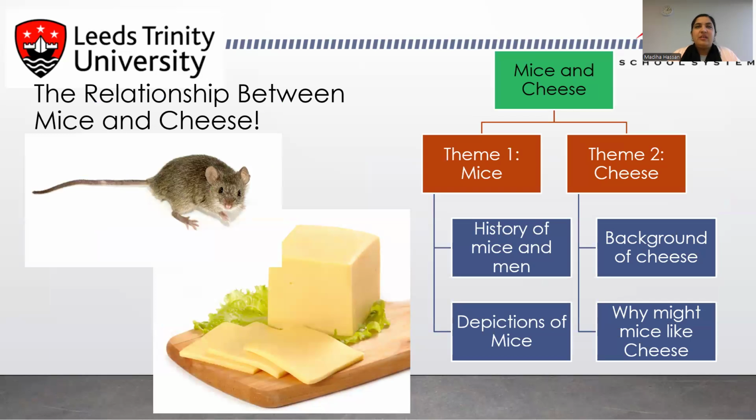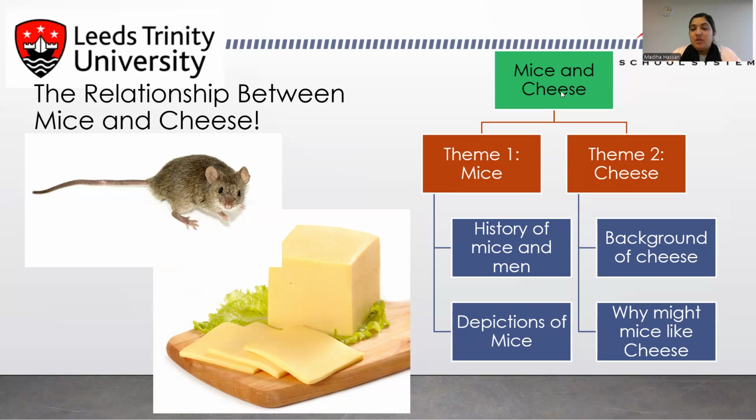Now, this is a very, very interesting example that I always tell my students: if your two variables are mice and cheese, then how are you going to develop your literature? So first variable, mice. In theme one, you are going to write about the history of mice and men, and then depictions of mice.